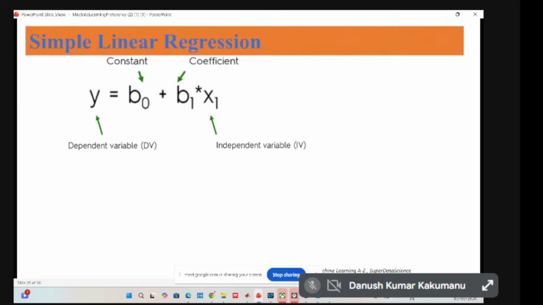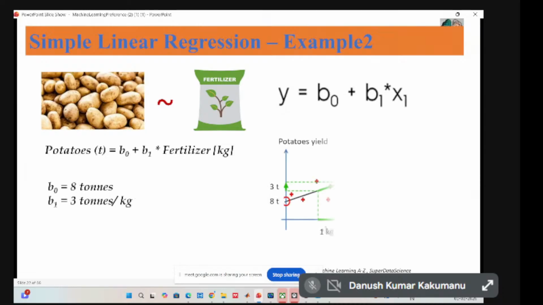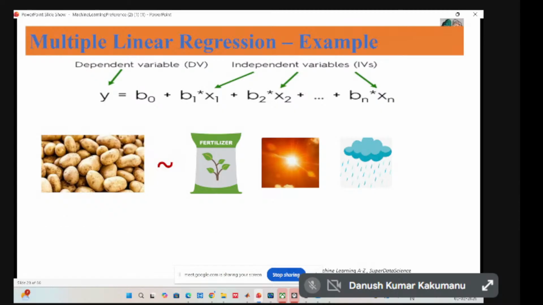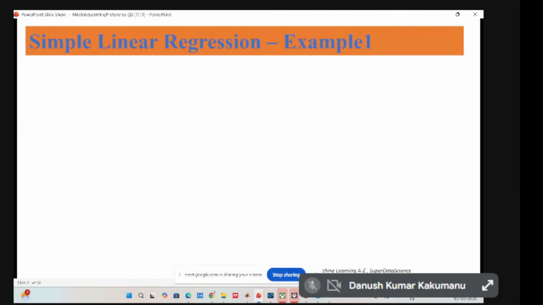If we have more than one input variable, the formula will be y equal to b naught plus b1 x1, b2 x2, b3 x3, b4 x4, up to bn xn. Here, b naught is the constant value.